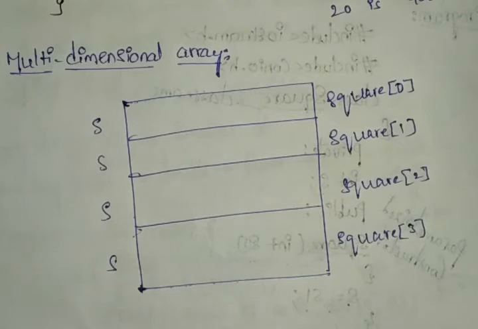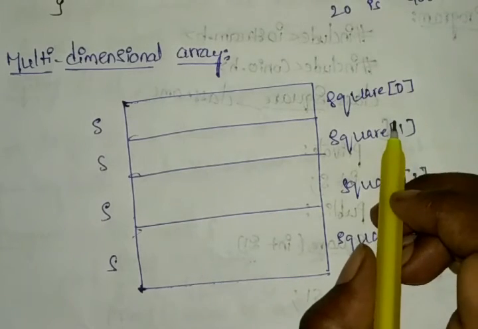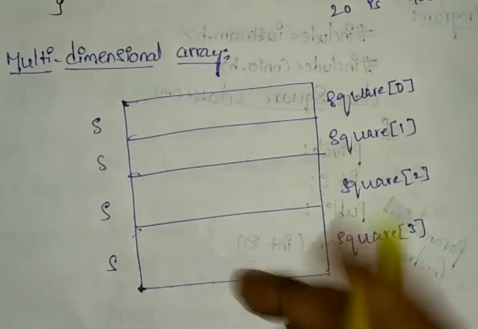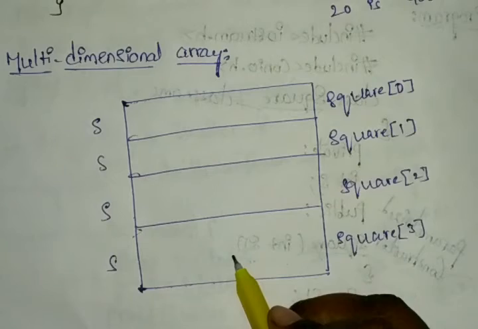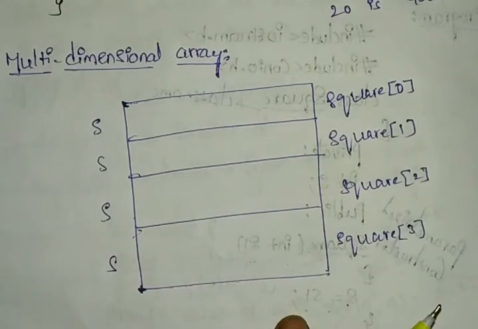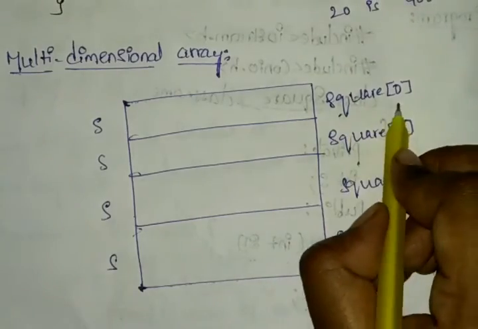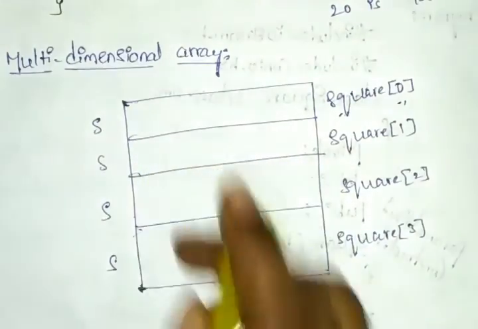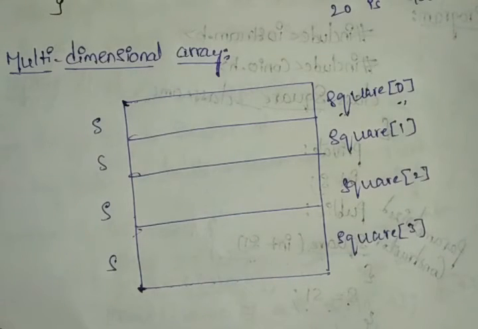So just you can mention here, in this we can perform with whatever objects you have. The array of objects can be stored inside our memory like this, and this can be done in the form of our multi-dimensional array. So this square of 0, what value of s will it take, right? The value of s, the first one, will be 5. Now it is converted into s into s, right?